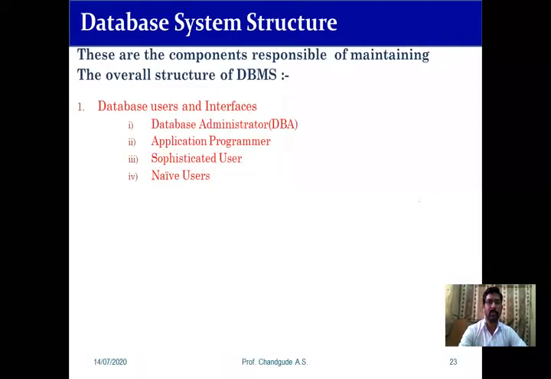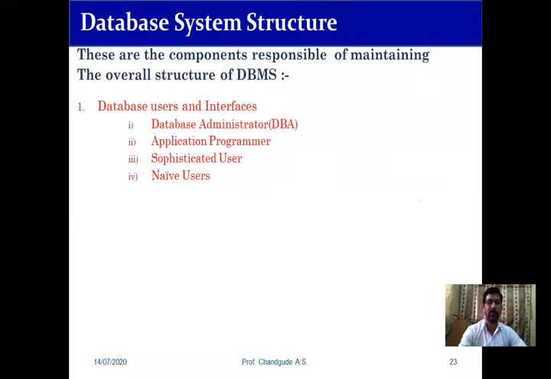The first group is the database users and interfaces, and this group contains four different entities which try to interact or interface with that particular database application. Which are these four entities?